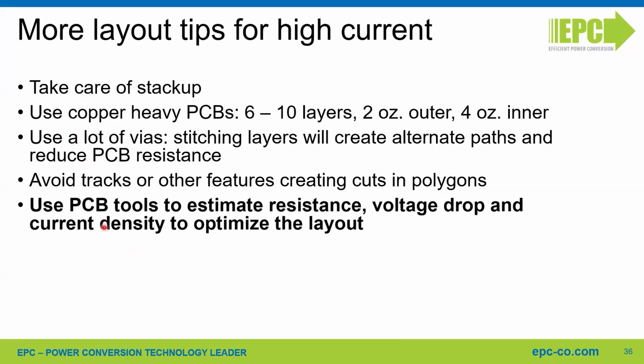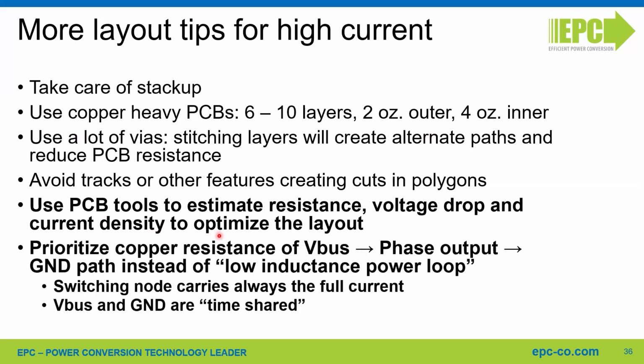It is advised to use PCB design tools that are able to estimate the resistance, the voltage drop, and the current density in order to discover bottlenecks and optimize the layout. And also, the priority shifts: you need to optimize the high current tracks.